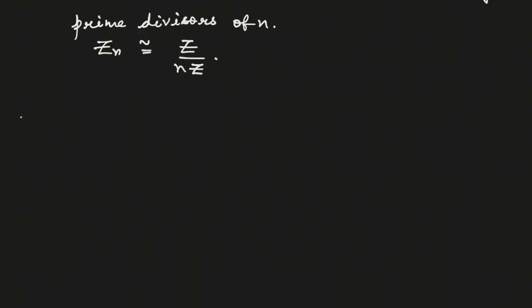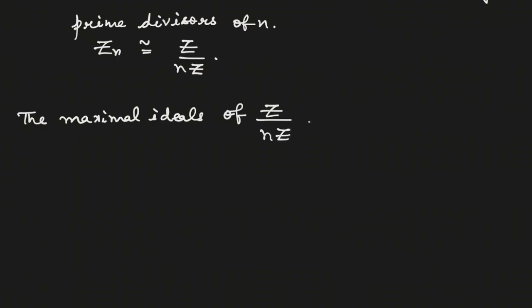So the maximal ideals of Z by NZ are PZ by NZ, this type, where P is a prime divisor of N.